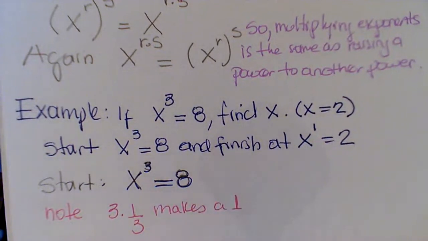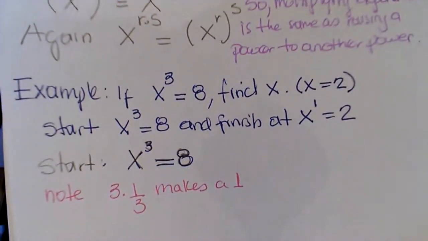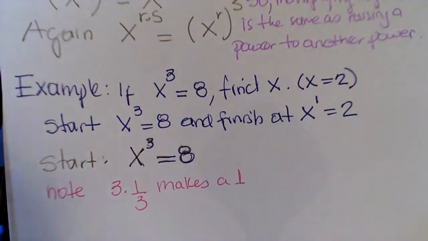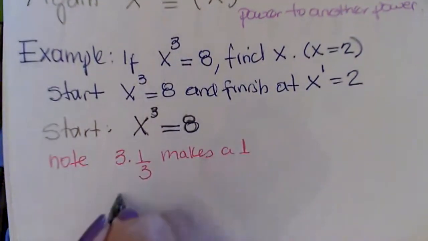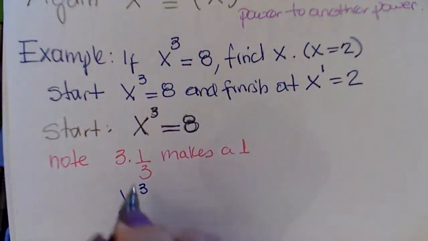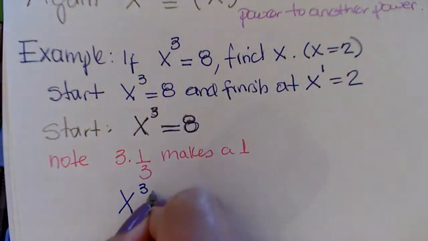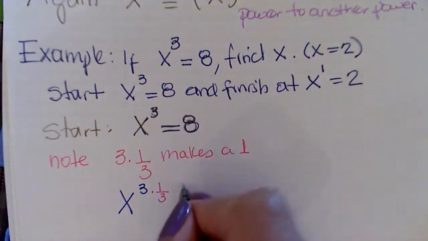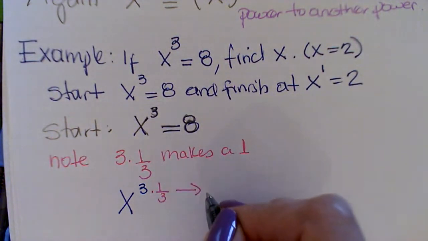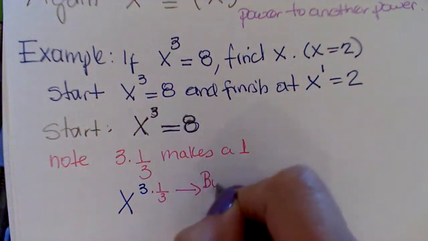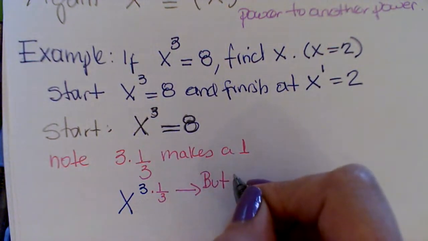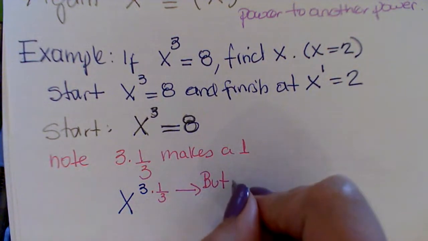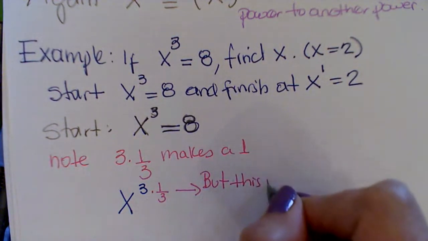Makes a 1. So if I have x to the third power and I multiply by the reciprocal because I want to make a 1, this is the same as raising a power to another power.